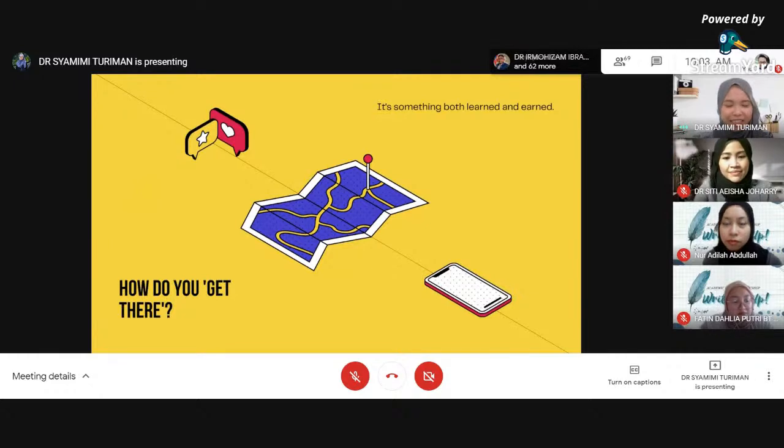So the issue here is, how do you get there in terms of writing your FYP? I noticed some familiar names, especially those who are with me in my classes, be it research methodology or my other class, translation skills.